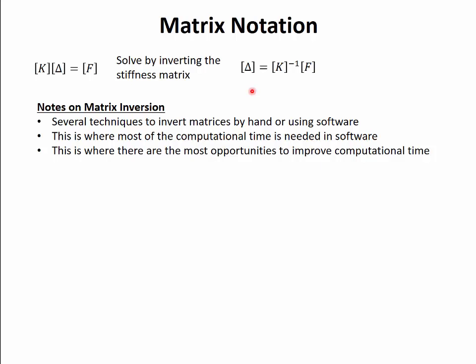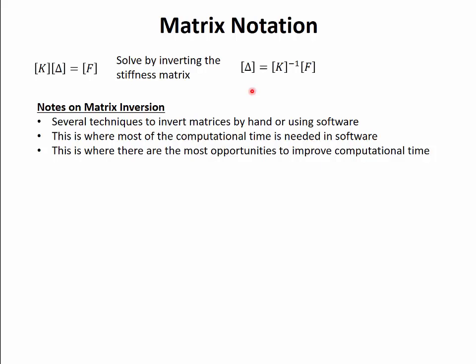Just a little note though, this is where computational time is needed in your software, inverting that matrix. Everything else, the computer can do instantly. Most matrices the computer can invert very easily, but when you get very, very large problems and a computer takes a long time to solve, it's because it's taking a very long time to invert that matrix.